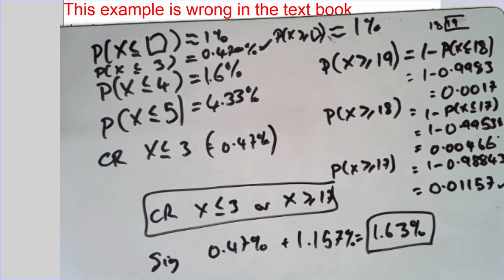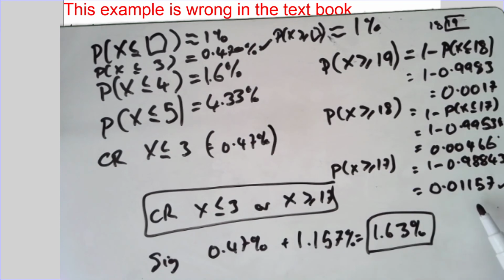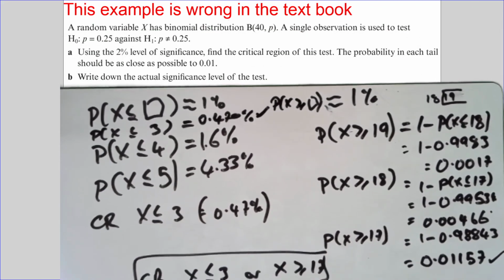Because this tail here is almost 0.5%, this tail here is 1.1%, so together we get our 1.63. So that is our actual significance.